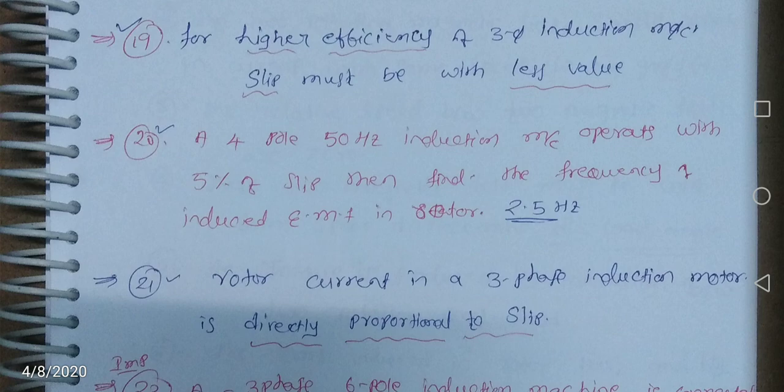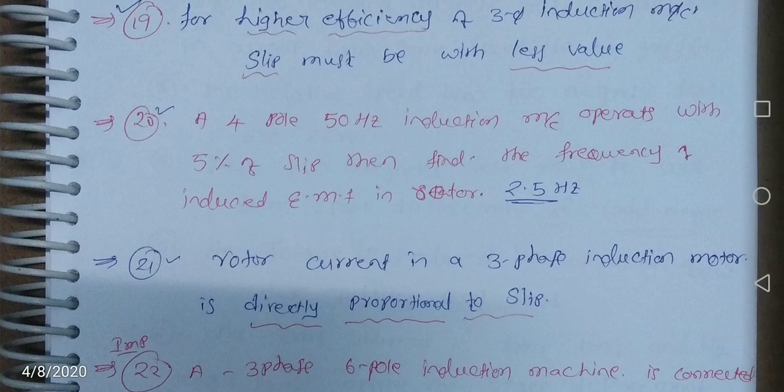Then we get the answer, 0.05 into 50 equals 2.5 Hz.